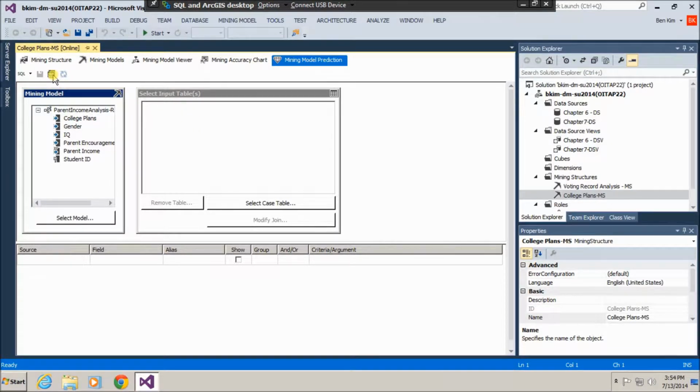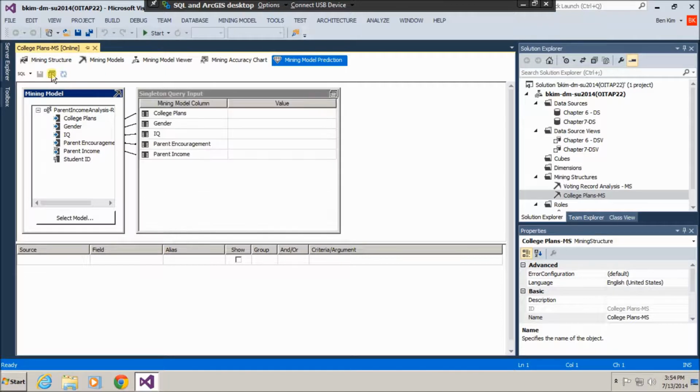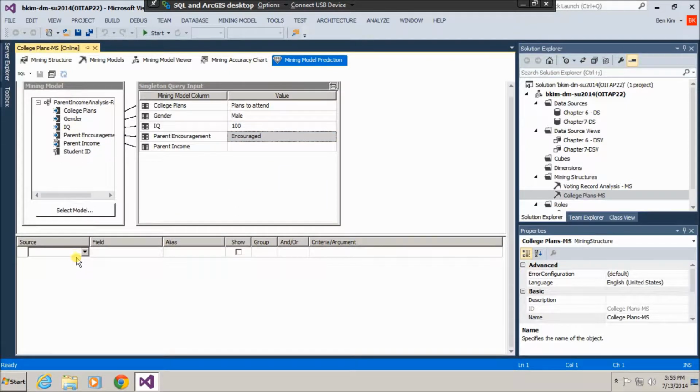Let's do some singleton analysis first. How about college plan is plans to attend, gender male, IQ 100, parent encouragement, let's say encouraged, and then let's predict what would be his parent income.